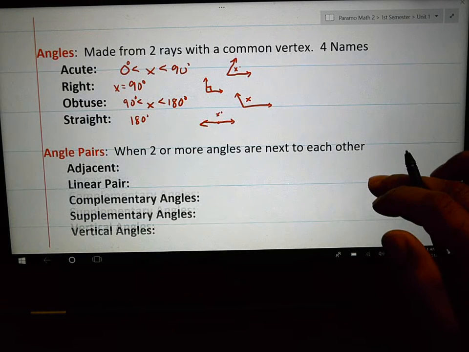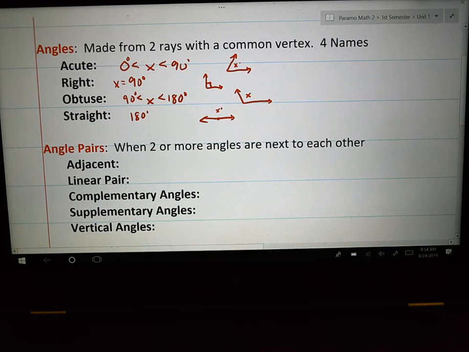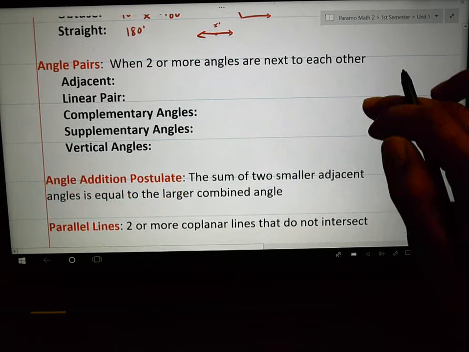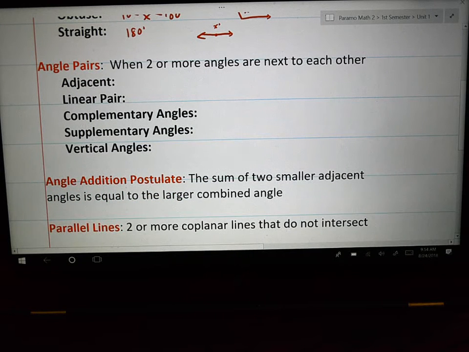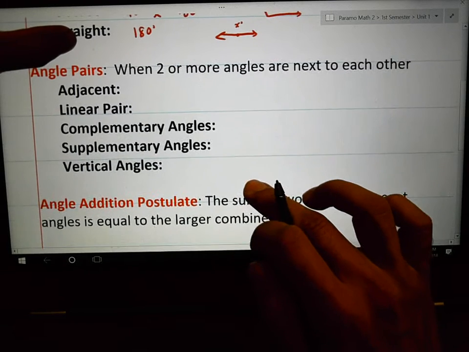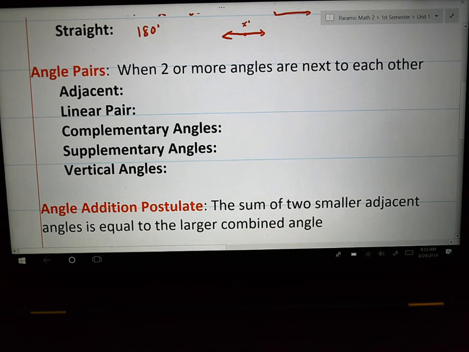Where I think some of you are going to have maybe a little bit more difficult time are these angle pairs, because they're so similar to each other. Let's talk about what they are and what they mean. Angle pairs. We have adjacent, we have a linear pair, we have complementary angles, we have supplementary angles, and we have vertical angles.